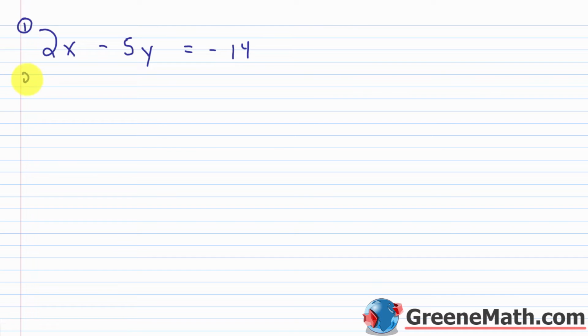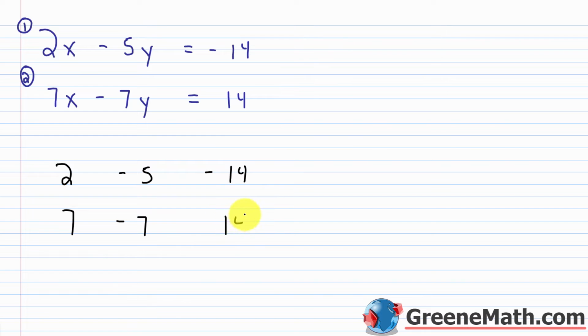And then for equation 2, we'll have 7x minus 7y equals 14. All right, so again, write the augmented matrix, just the numerical information. That's all we want. So we want 2, -5, and -14. We want 7, -7, and 14. A vertical bar will go right here to separate the coefficients from the constants.